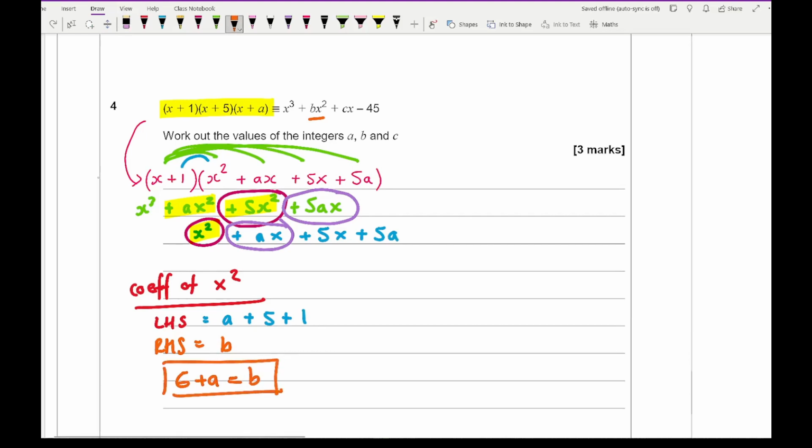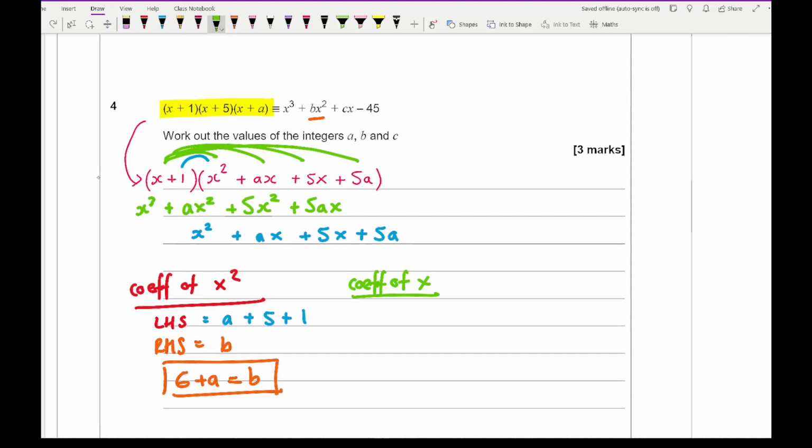So then if I look at the coefficients of x, so again, highlighting everything that's got an x, and let me just get rid of some of these highlighted, and as you can see, I'm getting rid of more than what I should. And let me just add those back in. And that was ax, and that was 5.